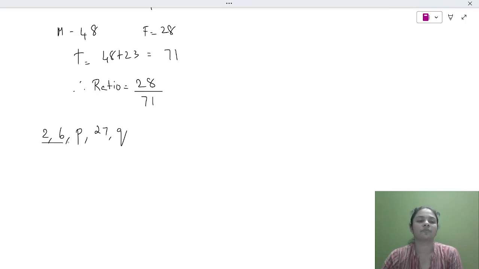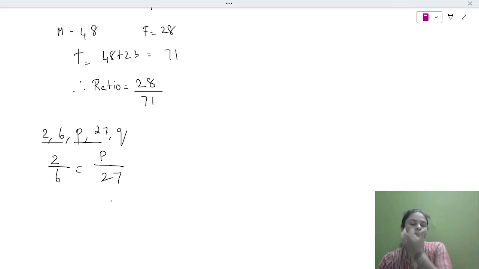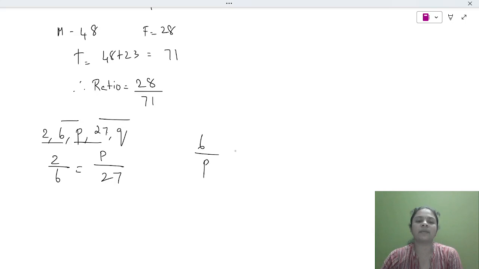So first 4, if we split it as 2 and 2, I can take 2 is to 6, or 2 by 6 is equal to P by 27. And similarly, the next 2 also I can club. 6 by P is equal to 27 by Q.